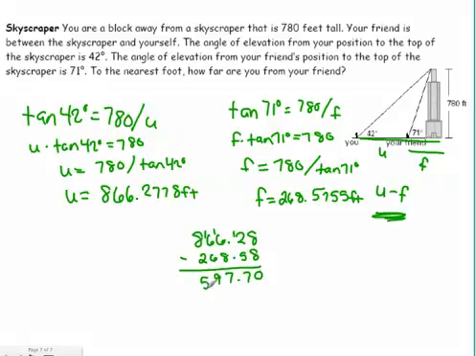So 597.7 feet. It says round to the nearest foot. Because that's a 7, I'd have to round up, so 598 feet is how far you guys are apart. So this distance, basically from you, that's you, and this is your friend, is almost 600 feet. To the nearest foot, you'd be 598 feet away from each other.